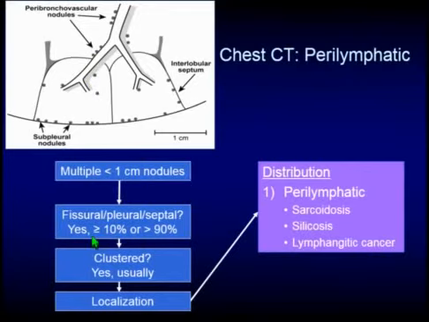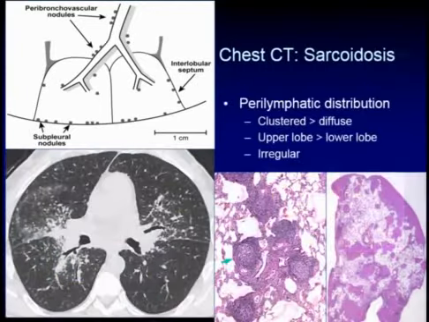Now, some would say that you need at least 10% of the nodules on those surfaces to call it that these surfaces are involved. Others would say greater than 90%. And again, you see that they're clustering to the lymphatics. So this is characteristic of perilymphatic disease: sarcoidosis, silicosis, and to some degree lymphangitic cancer.